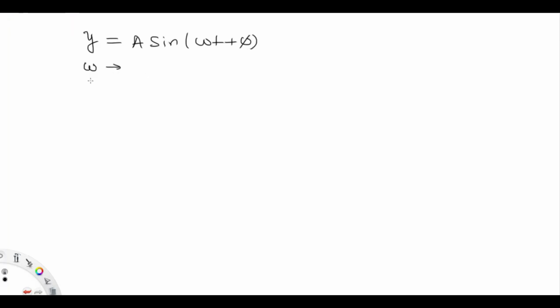Angular frequency is related to the linear frequency. Linear frequency is how many times it goes back and forth. It starts from here, moves up, then back again to the same equilibrium, and then to the left, and then back again. That's one oscillation.